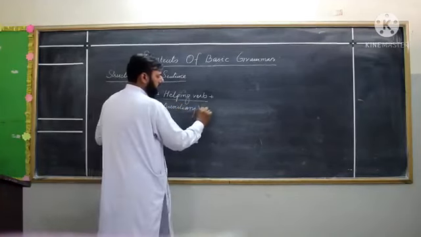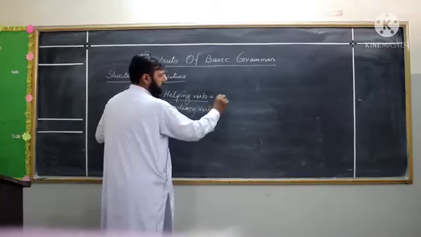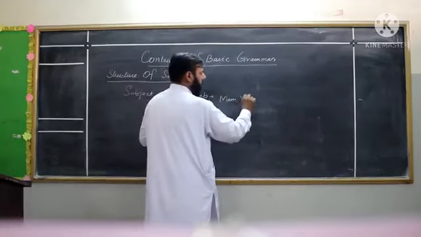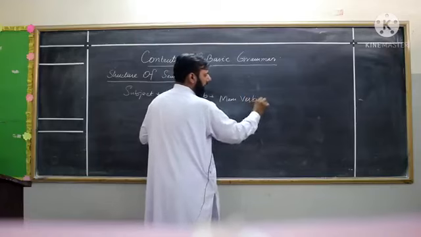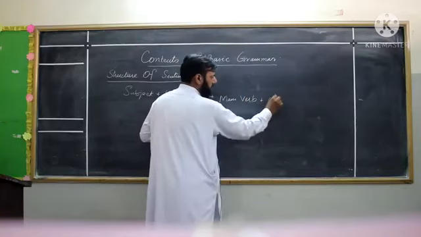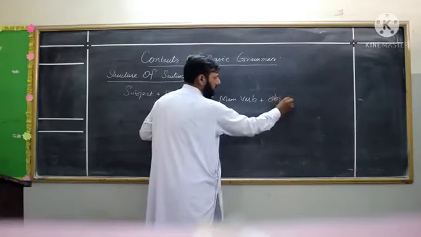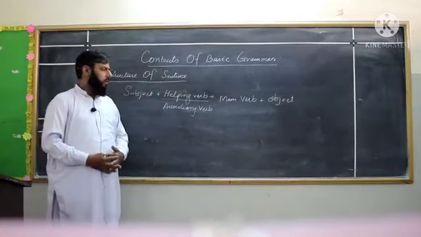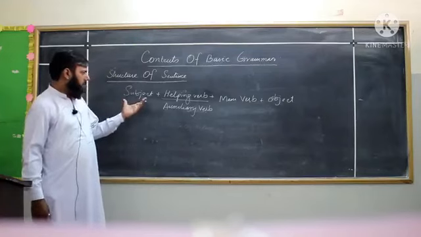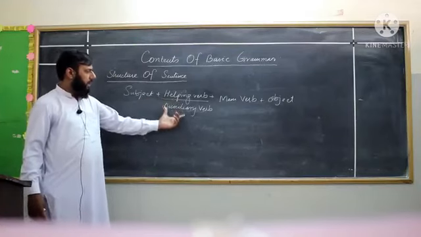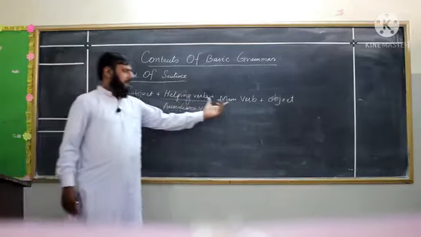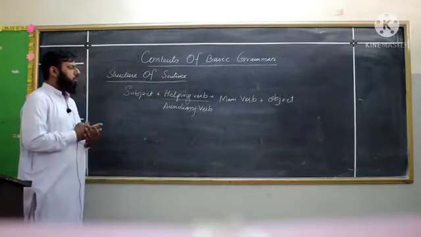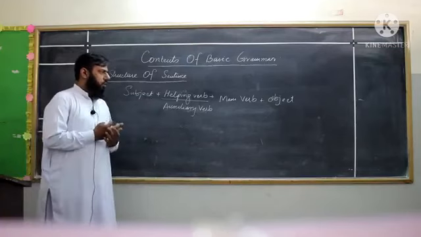Then main verb, and last but not least, the object. These are the four main components and elements of a big sentence. You can see here the subject, helping verb or auxiliary verb, then main verb and the object. In this video you will learn the basic structure of a sentence.